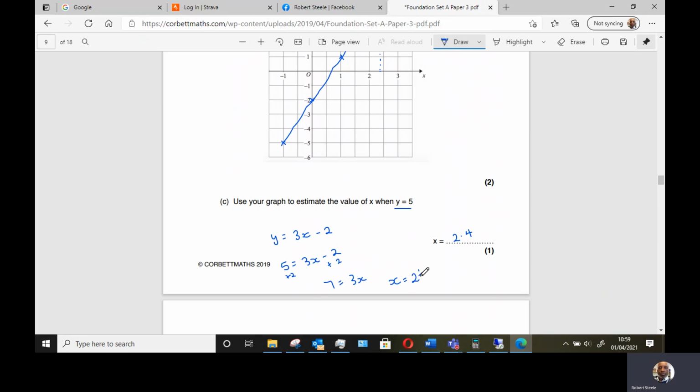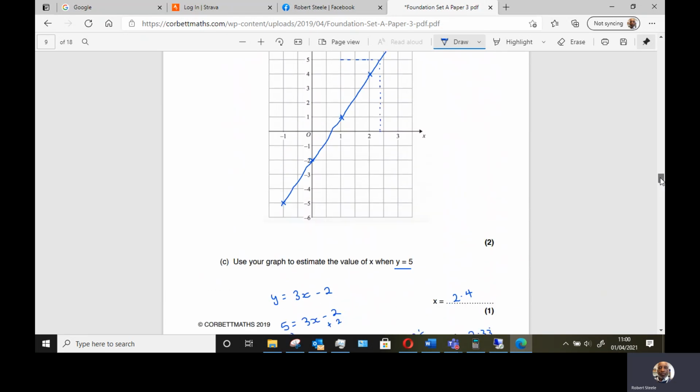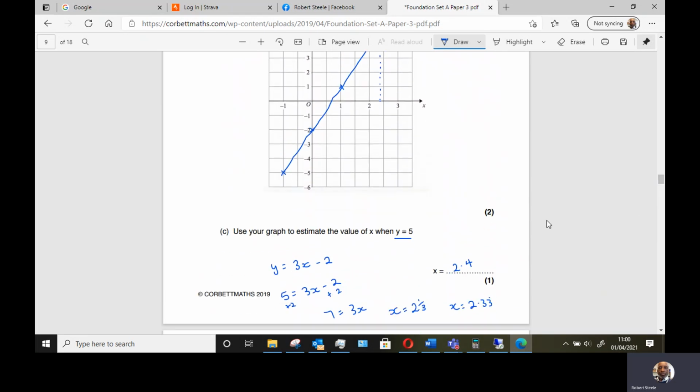Well, if you want a totally accurate answer, 2 1/3. If you've used decimals, you'll get 2.3 recurring. So, not seeing the answer scheme for this, but I would expect that anything in the range 2.3 to 2.4 would be accepted.